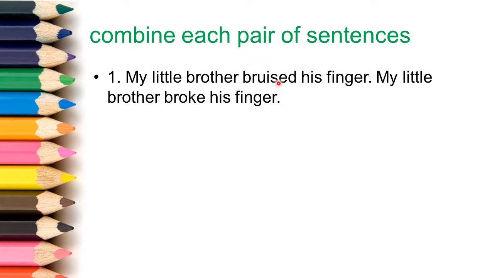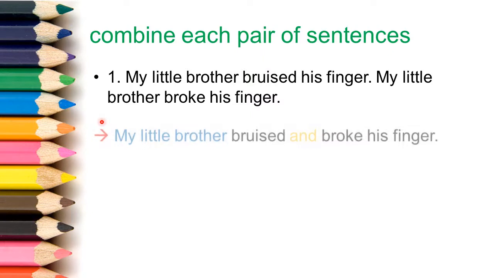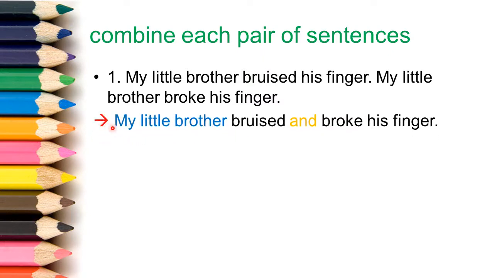So in the first one, bruised his finger, and in the second one, broke his finger. So let's combine them in one sentence. My little brother bruised and broke his finger. So in this sentence, we have one subject doing two actions or two verbs, and we join them using the conjunction and. Then we have a compound predicate sharing the same subject.